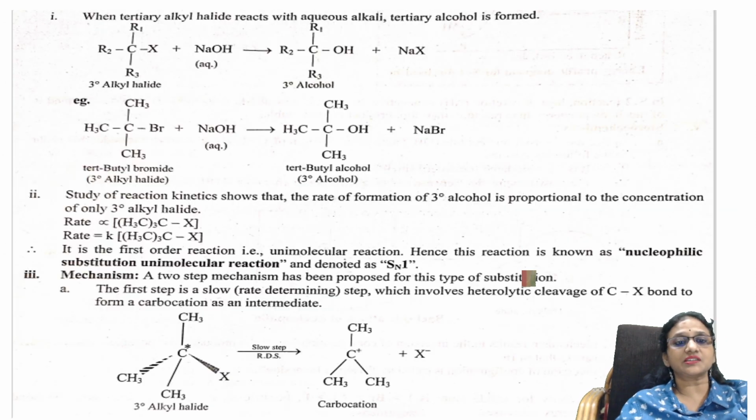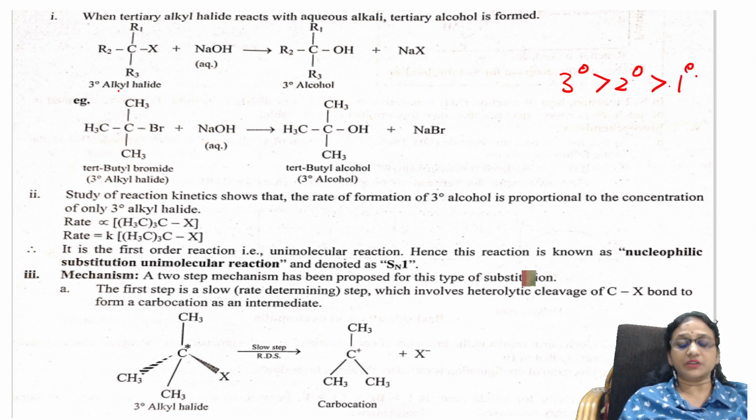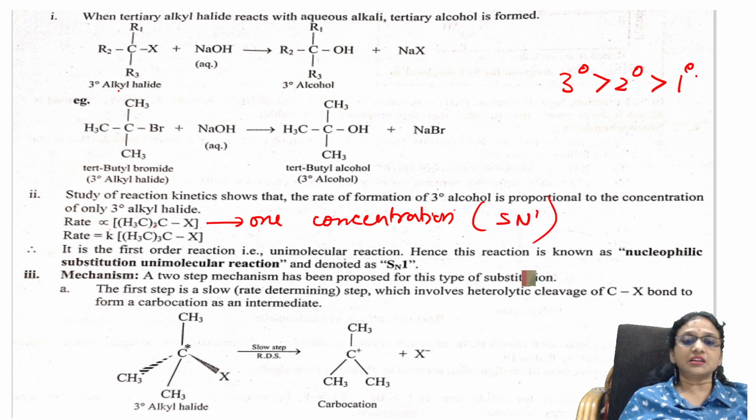In SN1 mechanism, tertiary is more preferred than secondary, more preferred than primary. The rate of the reaction depends upon only one concentration term. That's the reason it is called SN1. This occurs in two steps. Check carefully.